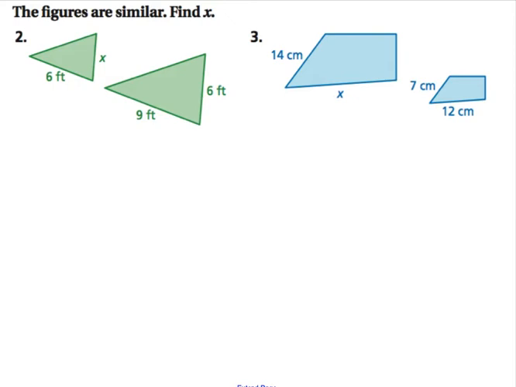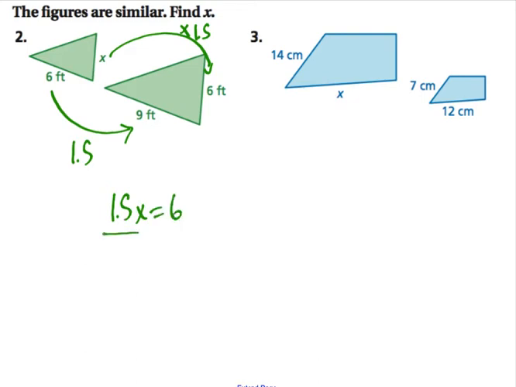Okay, next. 6 to x and 9, 6. So 6 goes to 9. If you know how to get there directly with multiplying by 1.5, you can use that. But we'd actually have to divide by 1.5 to go backwards, because x times 1.5 will be 6. And we divide to go back.